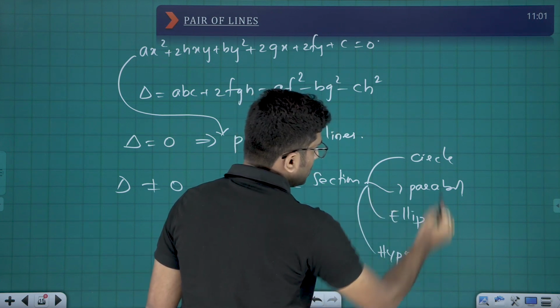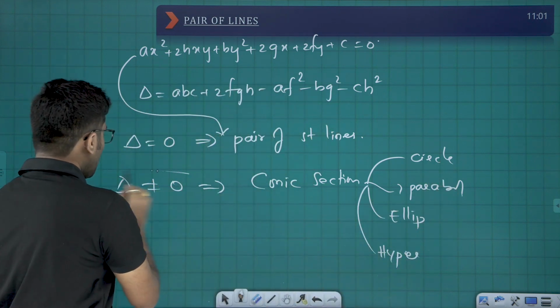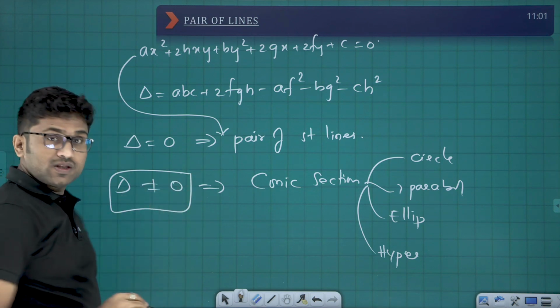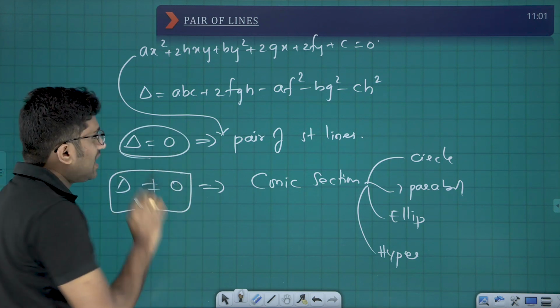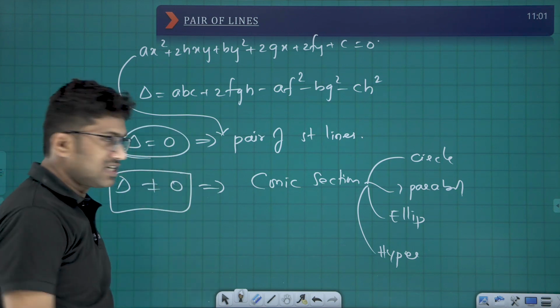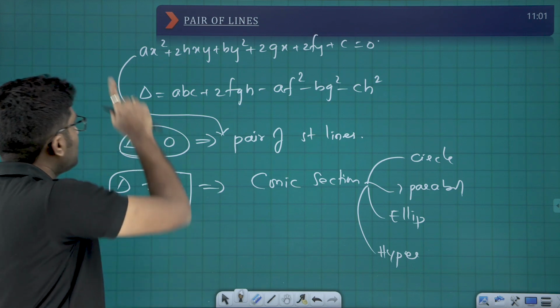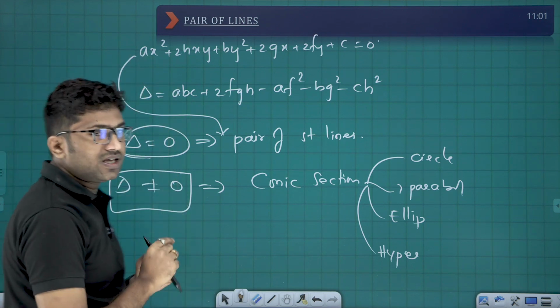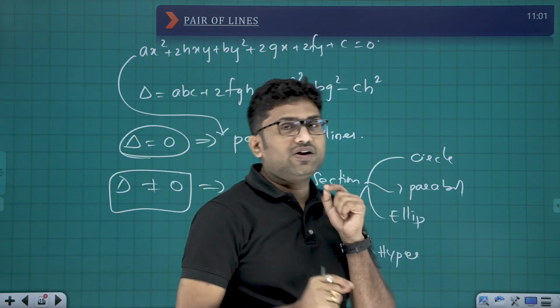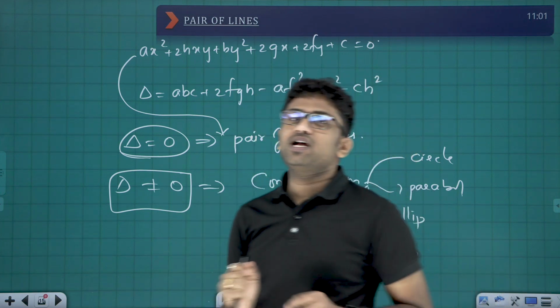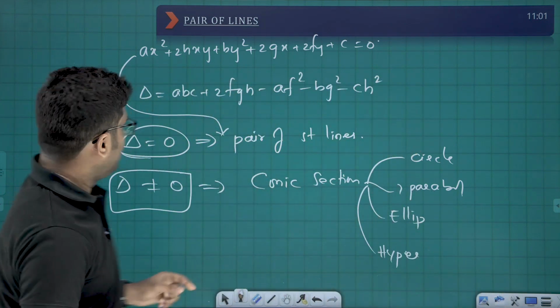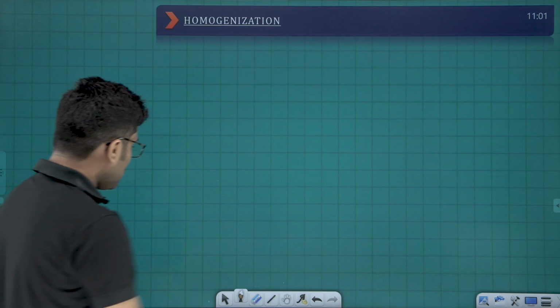So for all these conic sections, delta should always be non-zero. If delta is 0, then that equation represents a pair of straight lines. So for every second degree general equation in x and y, if delta is 0, then that represents a pair of straight lines. Okay.